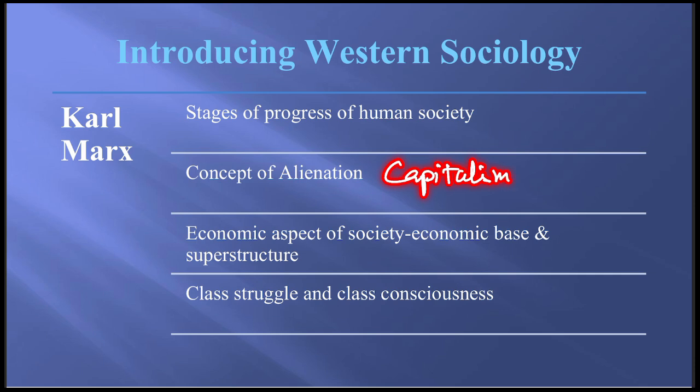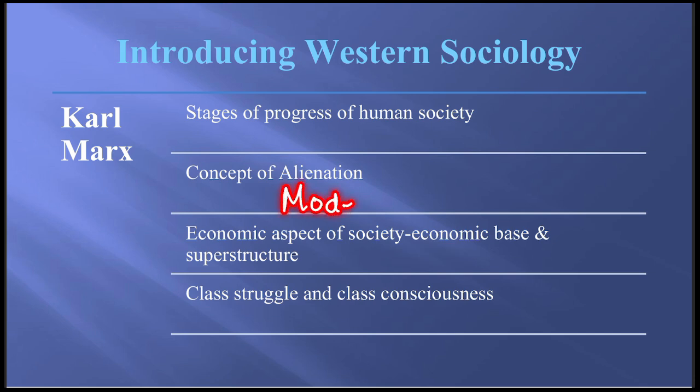So the question arises, how does capitalism operate? Well, Marx undertook an in-depth study of its political, social, and economic aspects. Marx studied society from its economic aspects, that is, mode of production.